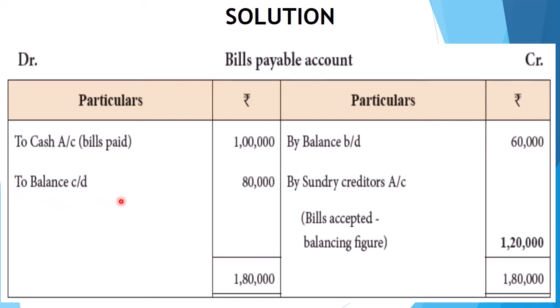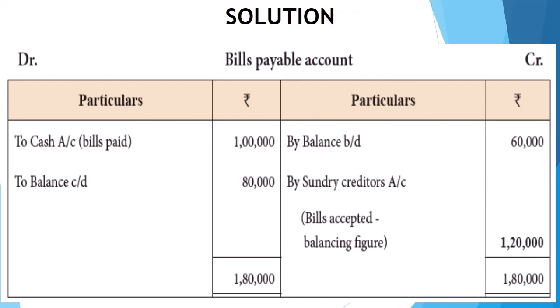On the debit side, to balance carried down, it is 80,000. Bills paid, that is to cash account, 1 lakh. By sundry creditors account, so that is the balancing figure, that is 1,20,000.